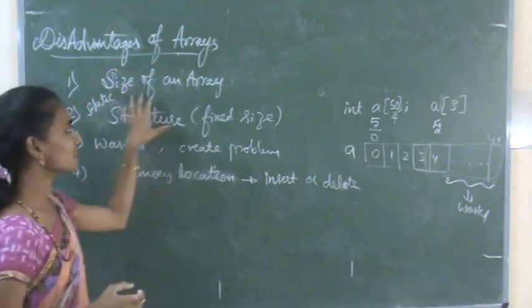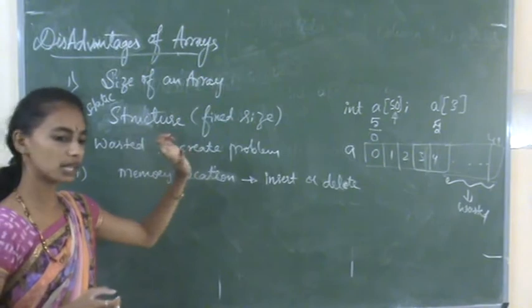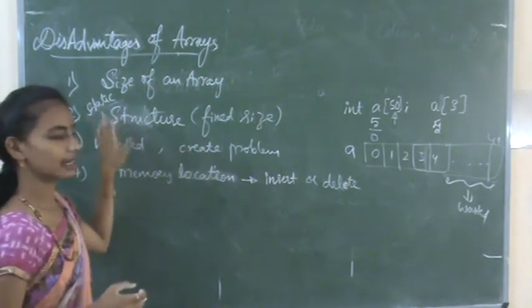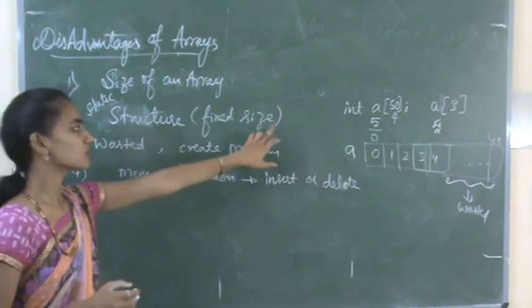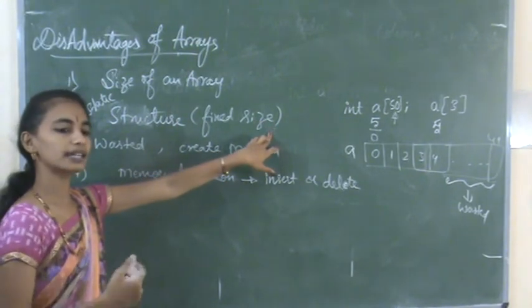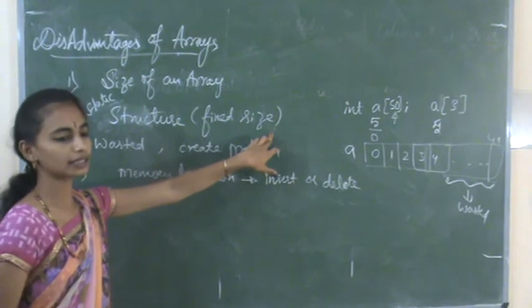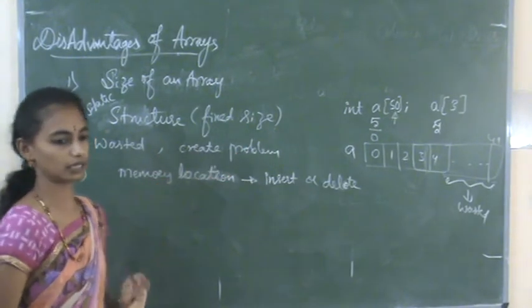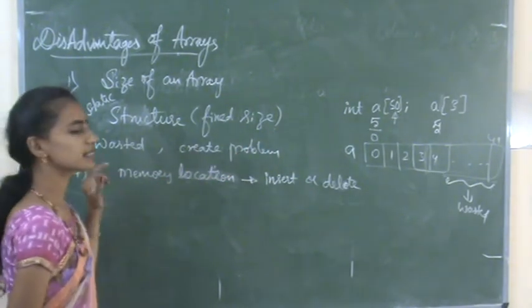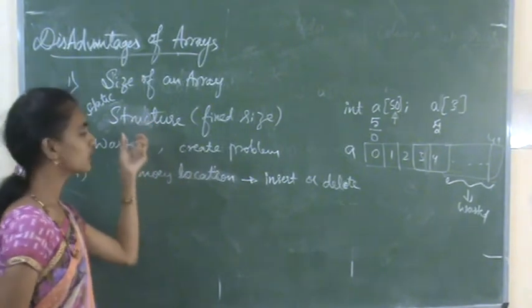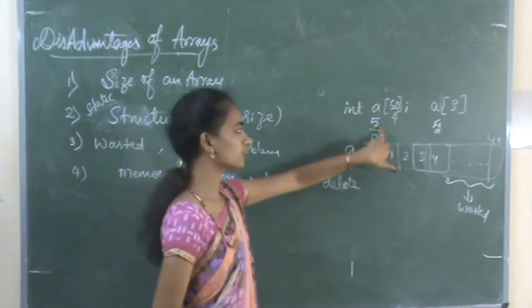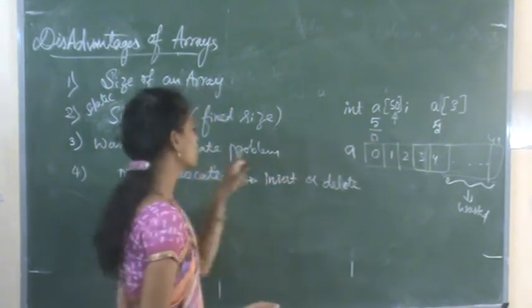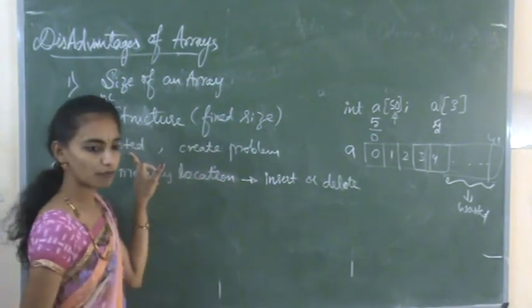The first one is the size should be known in advance, and the second one is the array is a static structure, which means fixed size. Once the memory is allocated for an array, it cannot be incremented or decremented. The third one is, since it is a fixed size, if the allocated memory is more than the required memory, that becomes wastage of memory.